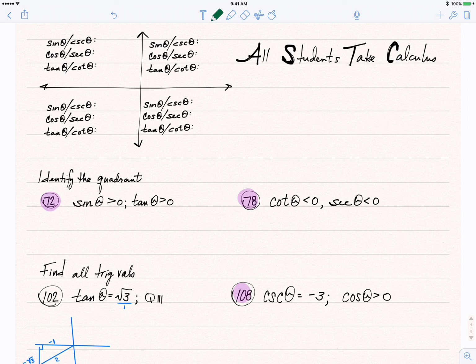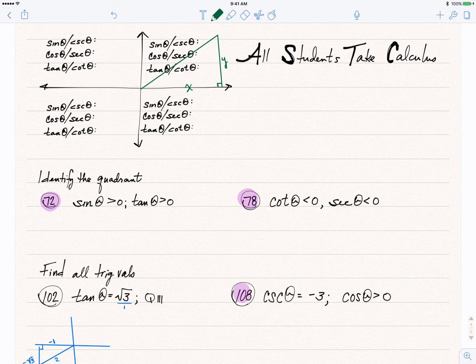So imagine that I have a right triangle inside of the first quadrant, where this is my y value, this is my x value, and my radius value is going to be that hypotenuse. This is a right angle, even if it doesn't really look very much like a right angle.